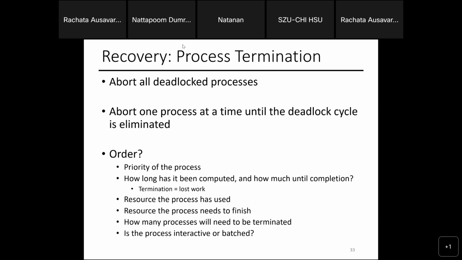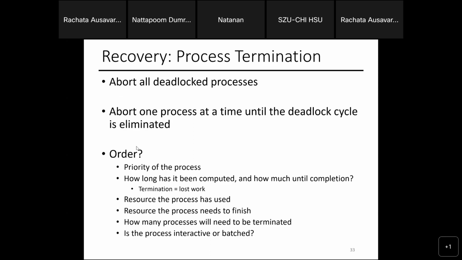The resources the process needs to finish: how much more do I need until it finishes? If I have claim information saying I need this and this and this, and this process needs a ton more, maybe kill that one, because it might be hard to satisfy all those requirements. How many processes will need to be terminated?